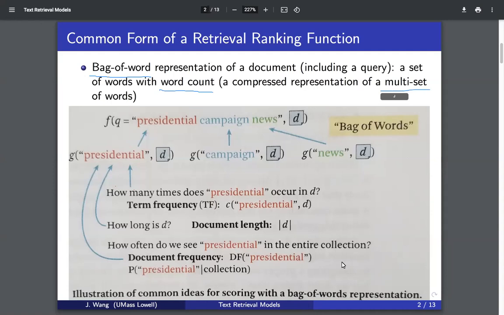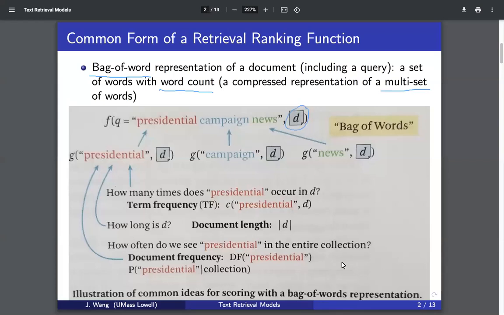A multi-set of words means that you allow the same element to appear more than once. So instead of including each word more than once, I just include a count that indicates the number of times that word appears in the document. Okay, so if you look at this picture, for instance, I have a document D over here, and I have a query.